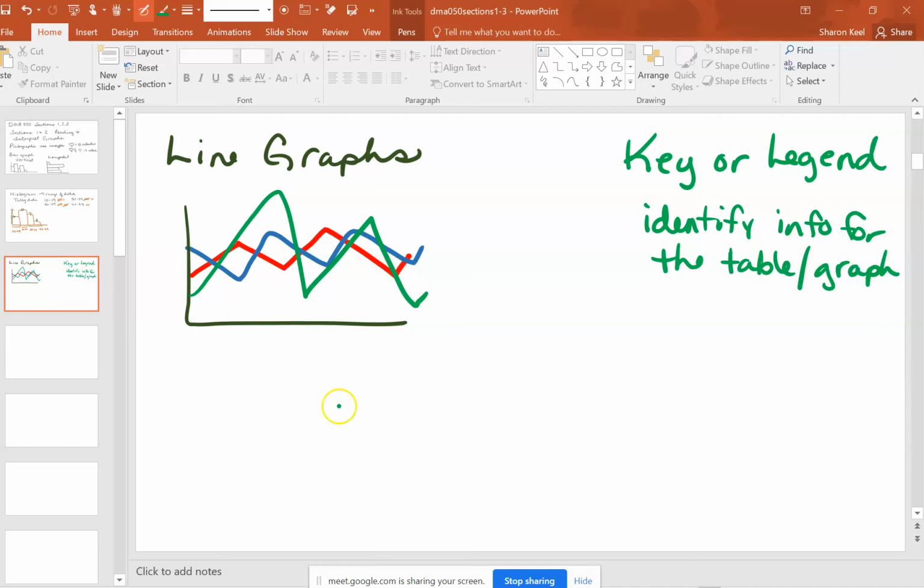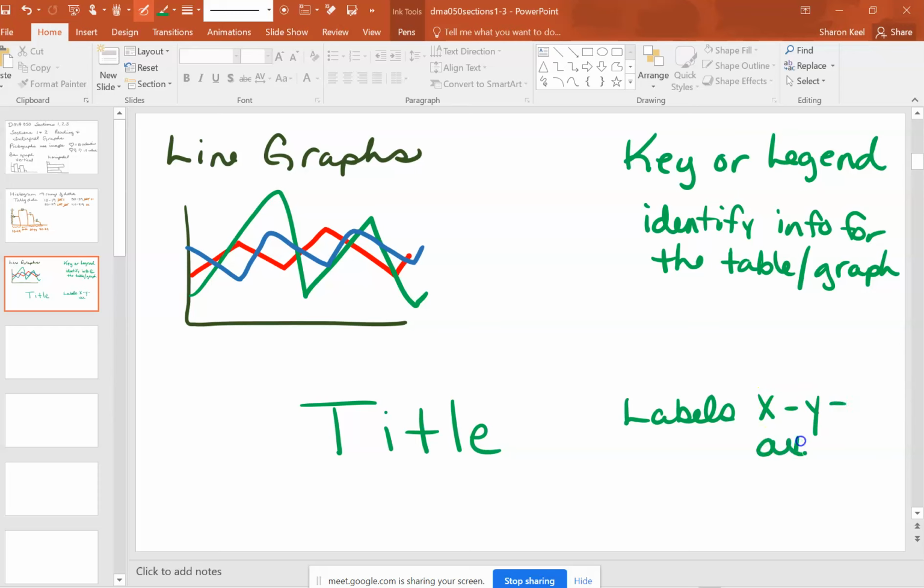Every graph that you have generally is going to have a title, and then they're going to use labels on both the X and the Y axis, so you would have a label down here for this information, and you would have a label on the side also for that information. In a moment, I'm going to pull up my Labs Plus and show you what some of this is going to look like on the computer, because there's a few things that you need to be aware of, some of the buttons that you're going to need to use on those.